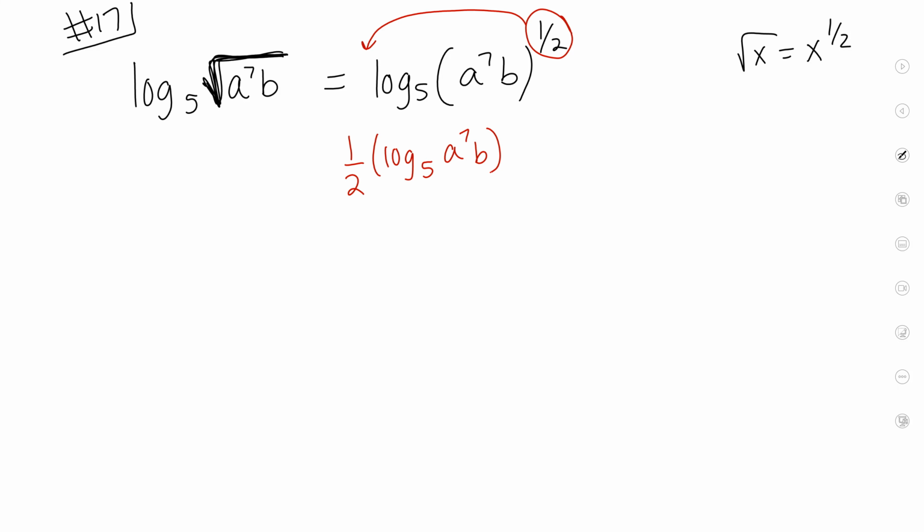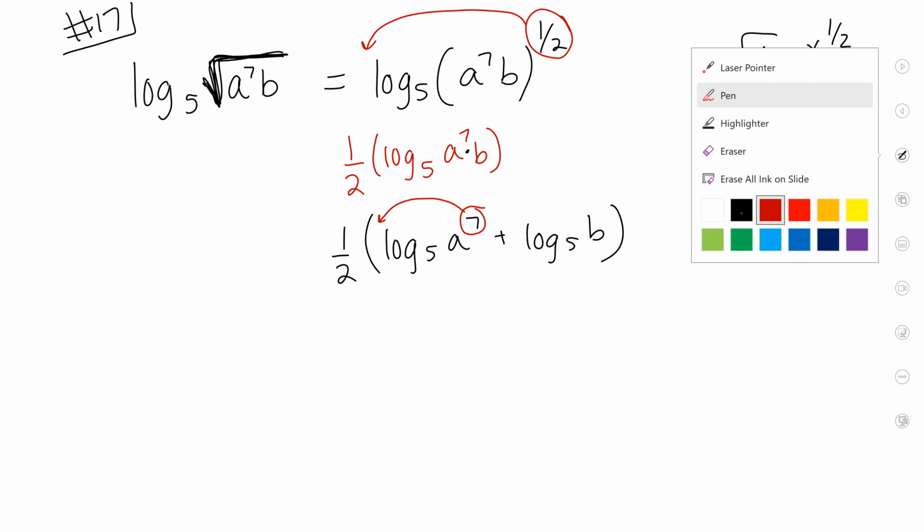Okay, and let's go ahead and expand this even further. These are being multiplied together, so you can write this as 1/2 of log base 5 of a^7 plus log base 5 of b. And then I'm going to go ahead and do the power rule again. This exponent of 7 can come to the front.